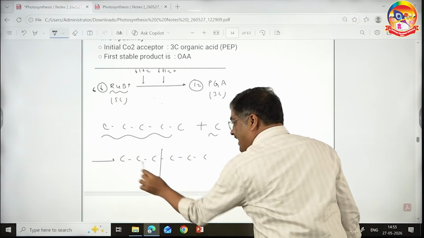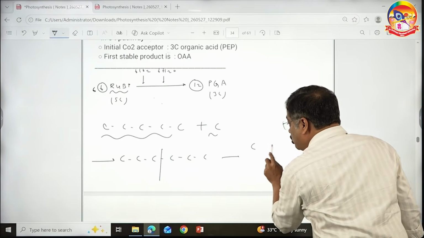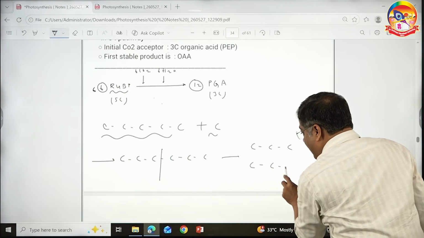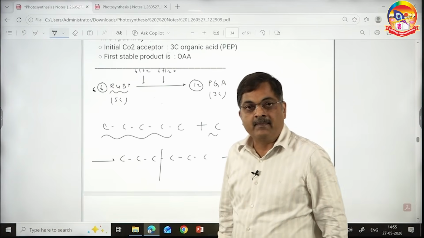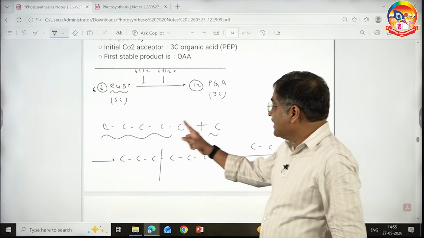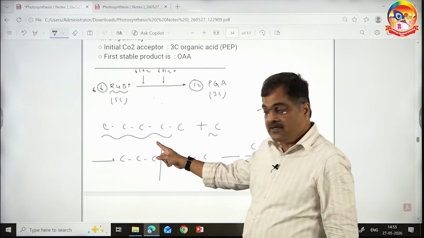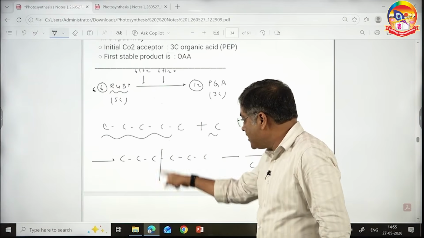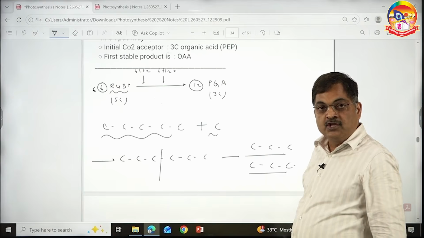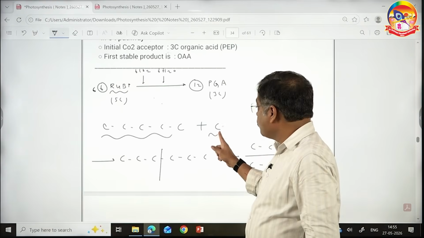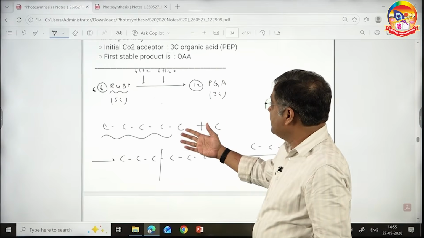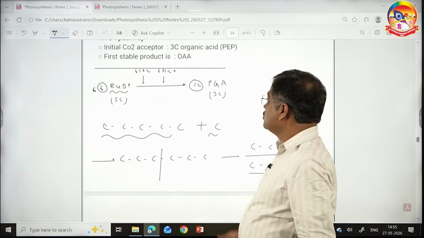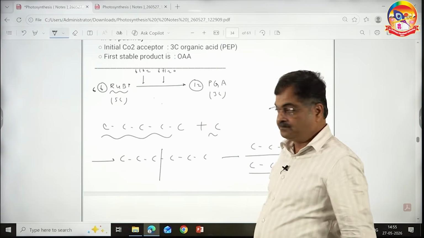It is highly unstable and breaks into two 3-carbon compounds, and these two 3-carbon compounds are PGA. So easy to remember: RuBP is 5-carbon, plus 1 gives 6-carbon, which breaks into two 3-carbons. So 1 RuBP plus 1 CO2 produce 2 PGA. So 6 RuBP plus 6 CO2 will produce 12 PGA.